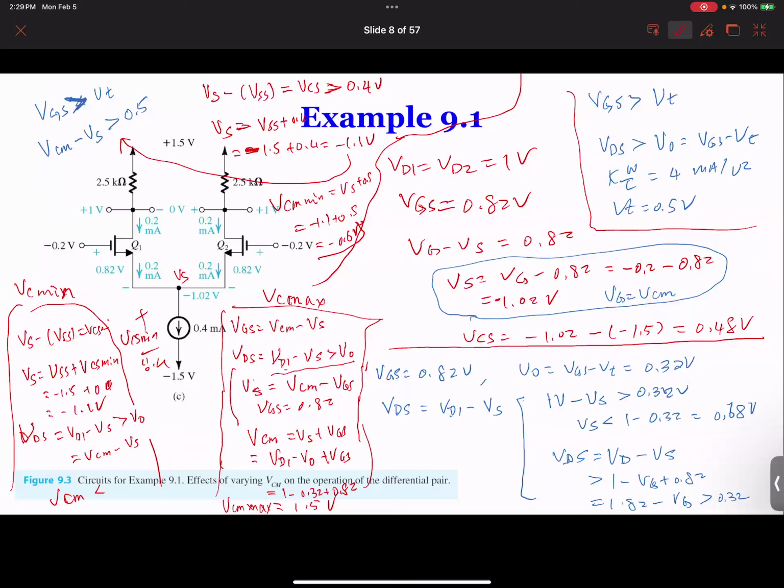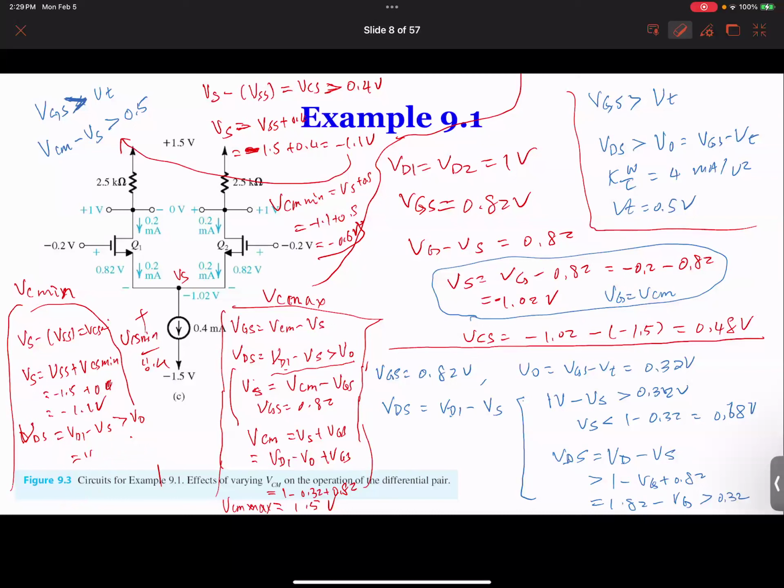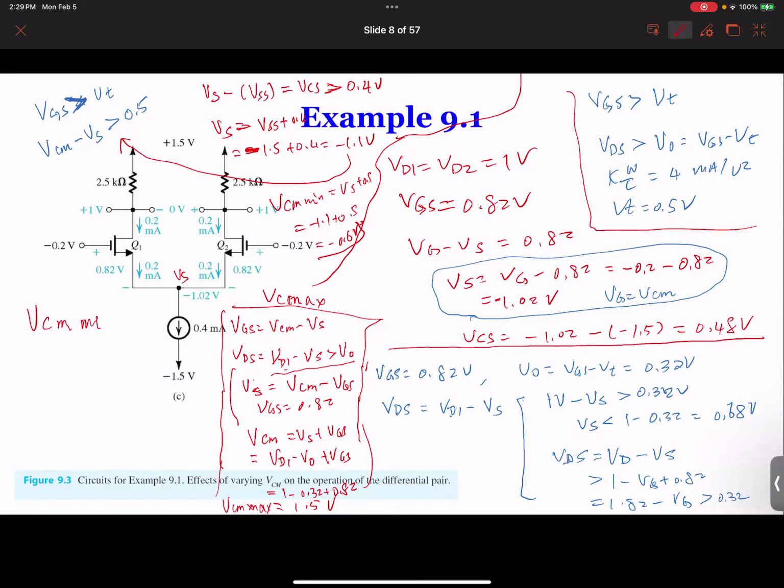So I apologize. I know that you guys are probably going to get confused too at some point. But the idea is that we want to make sure that we got this thing correct, right? Otherwise, we'll be all in trouble.